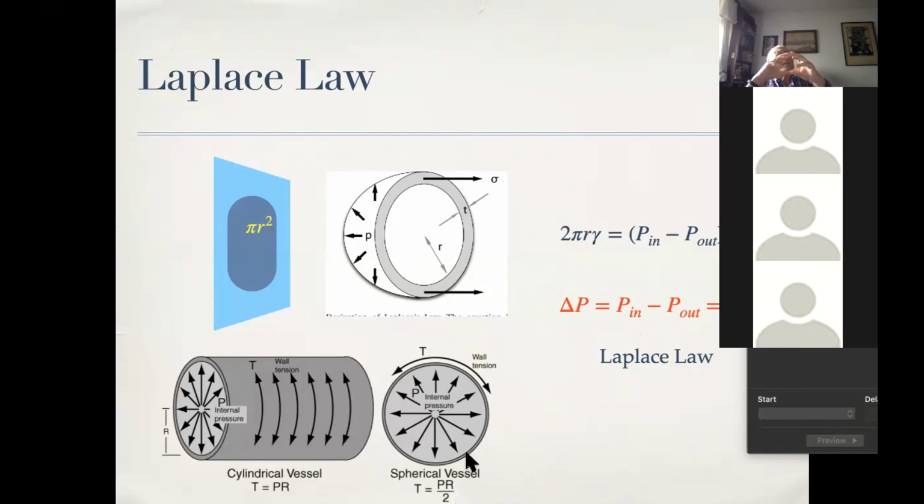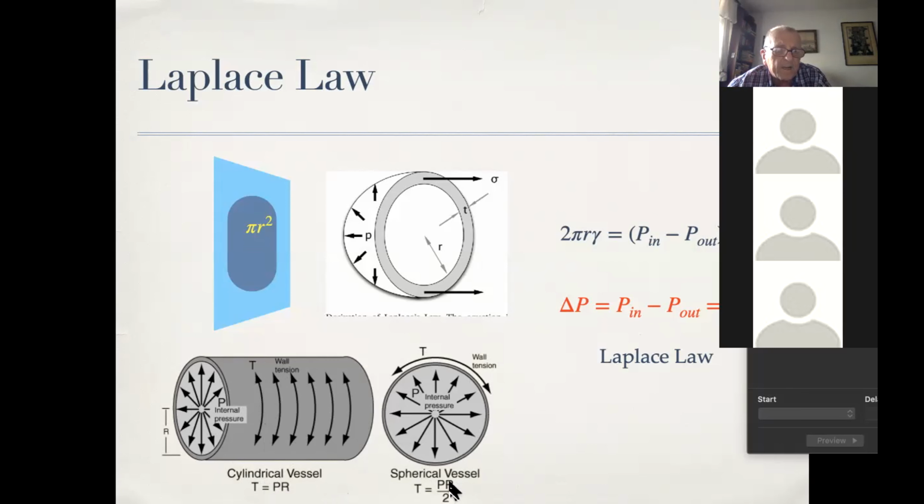So let's imagine a pipe, a cylindrical object. In the cylindrical object, I obviously have two kinds of pressure, a radial pressure and the pressure along the surface. And the tension, which I denoted by the letter T and those arrows, is the pressure times the radius.